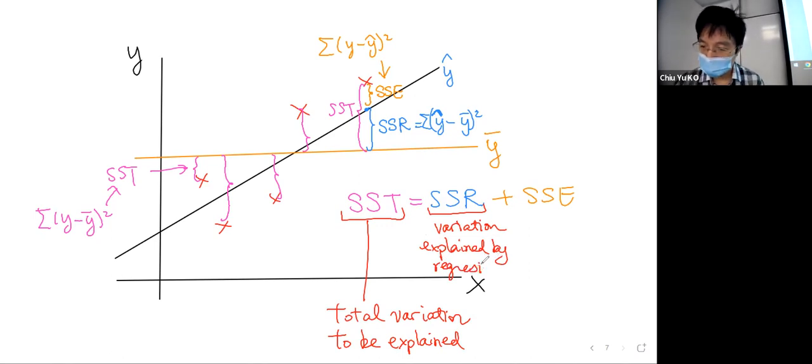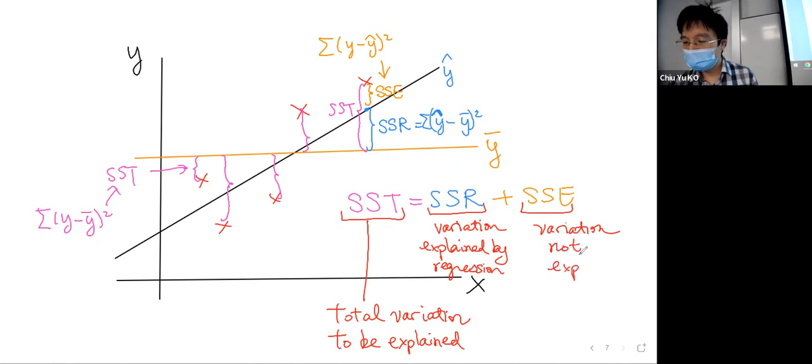Sorry for my writing. And this is the variation not explained. Because the data is around y bar, you want to explain the purple part, and your model explains the SSR, and the SSE is the part we don't explain.